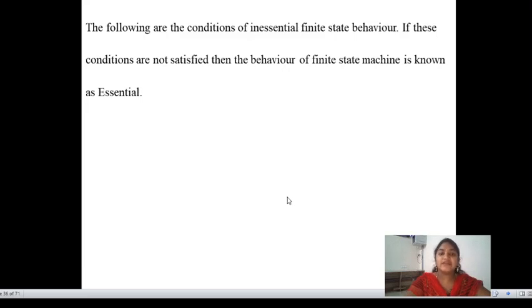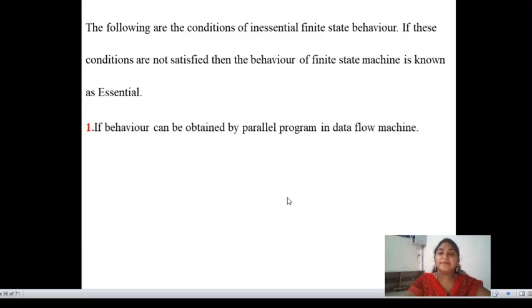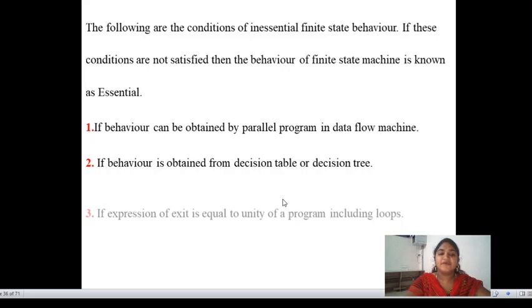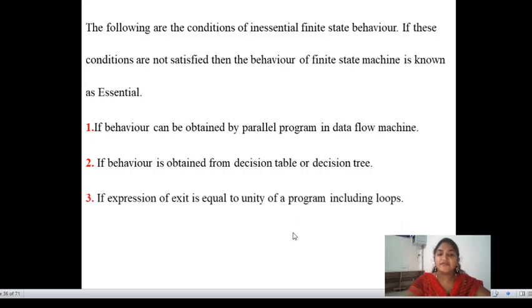Where these are not satisfied, the behavior of FSM is known as essential. If the behavior can be obtained by a parallel program in a data flow machine, in that case it does not satisfy the FSM. And if behavior is obtained from a decision table or decision tree, we can call it an essential way, and it is not satisfied if the expression of exit is equal to unity of the program, including loops.